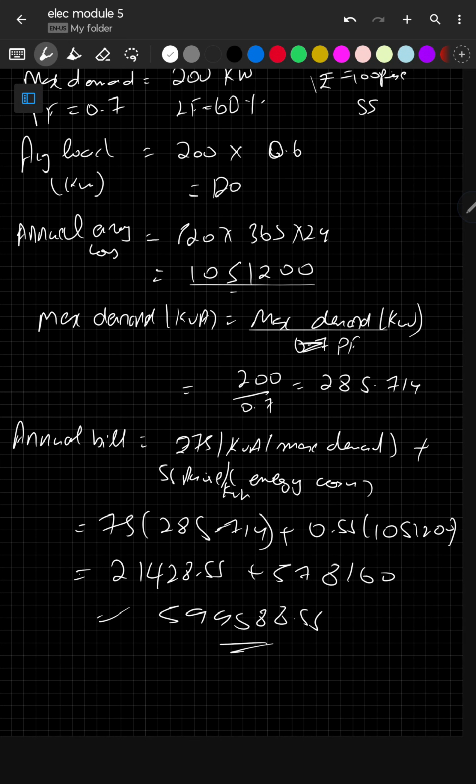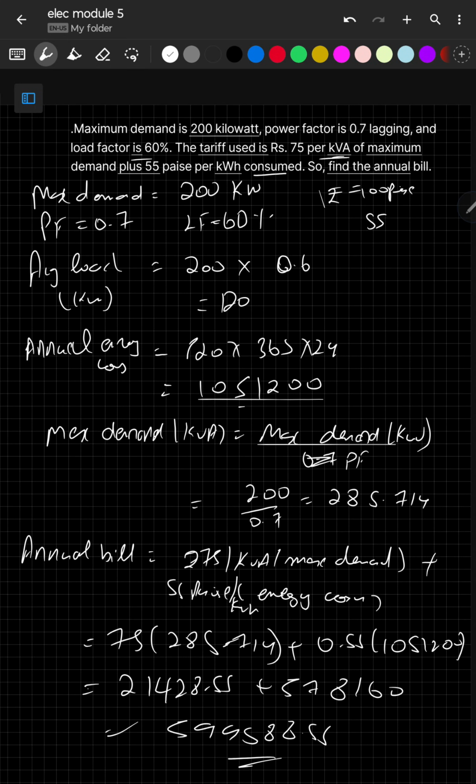This is correct. The answer is correct. 1051200, yes. 21428.55 we got, they got 57. So the answer varies a bit. 599,588.57 they got, we got 55. That's it.